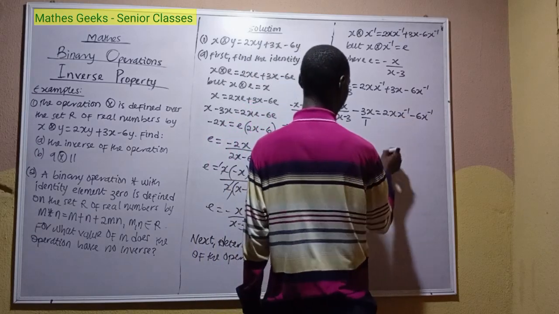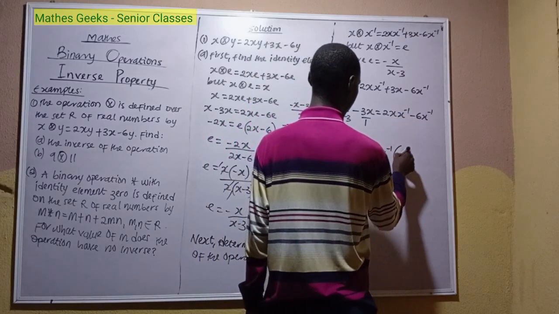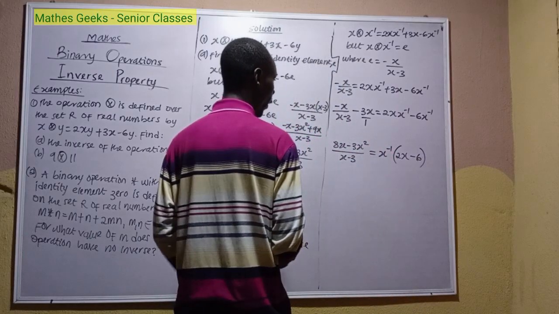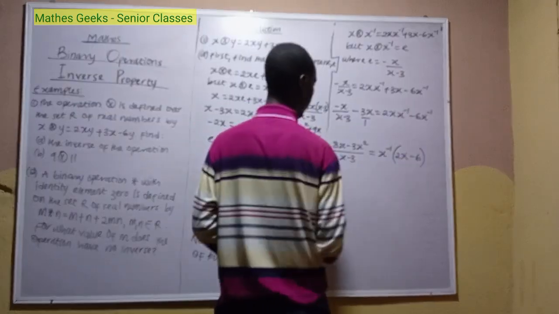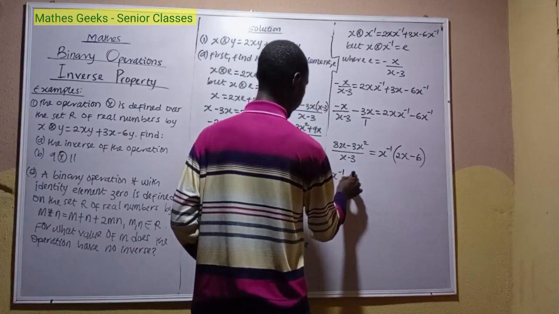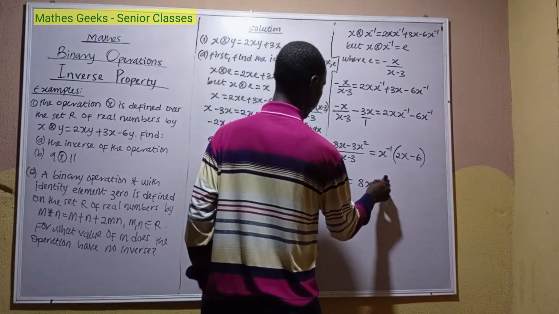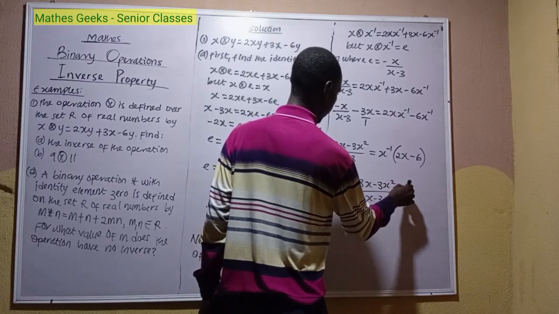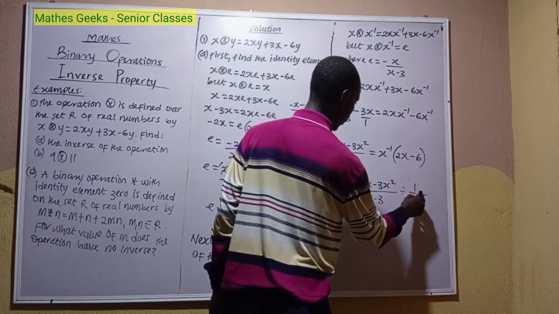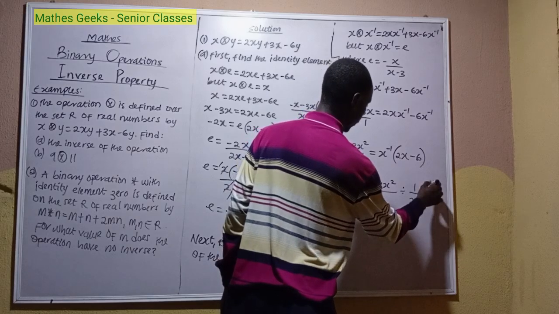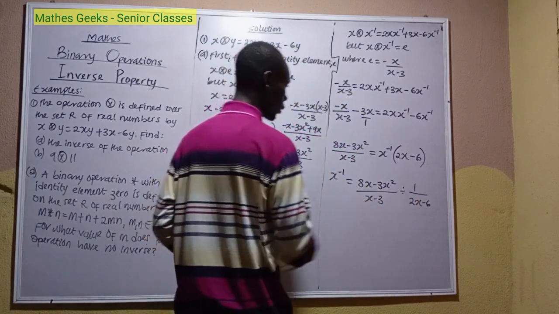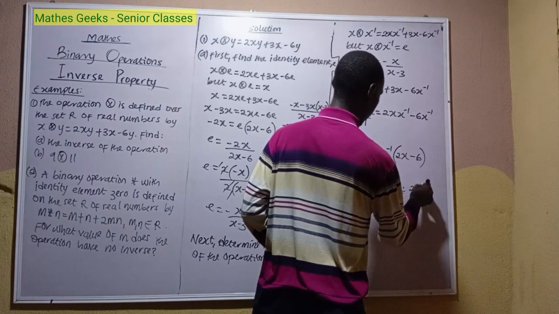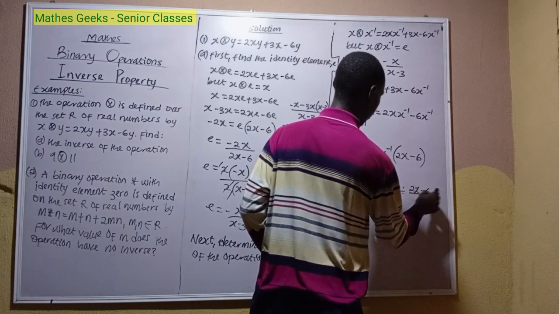So let's factor the inverse out. 2x minus 6. So now I'm going to divide both sides by 2x minus 6. So x inverse equals 8x minus 3x squared over x minus 3 divided by 2x minus 6 over 1.